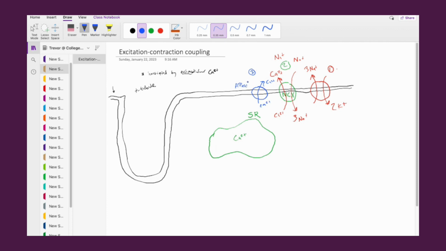Okay? So this is primary active transport. This one is relying on that sodium concentration, so this would be secondary active transport, okay. And this also would be primary active.